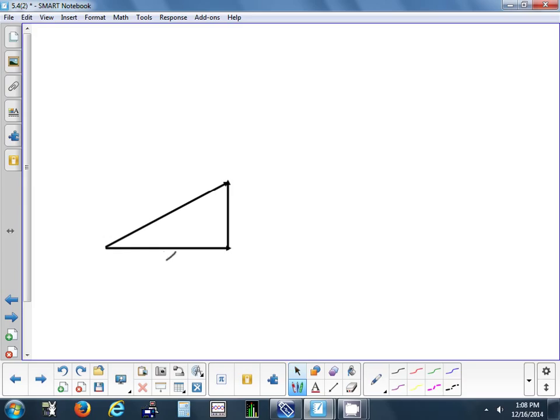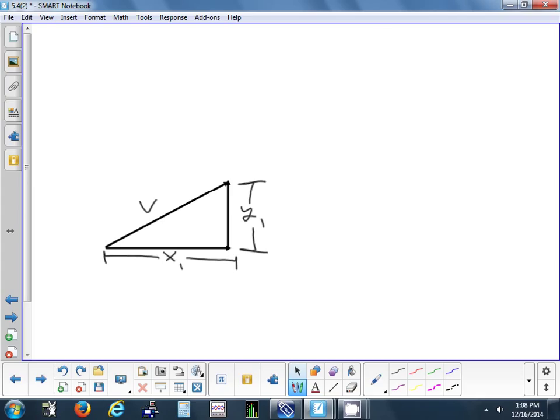Let's call the horizontal x1, and the vertical y1. And that's my vector. So x1 is going to represent the length from here to here, and y1 is the length from here to here.